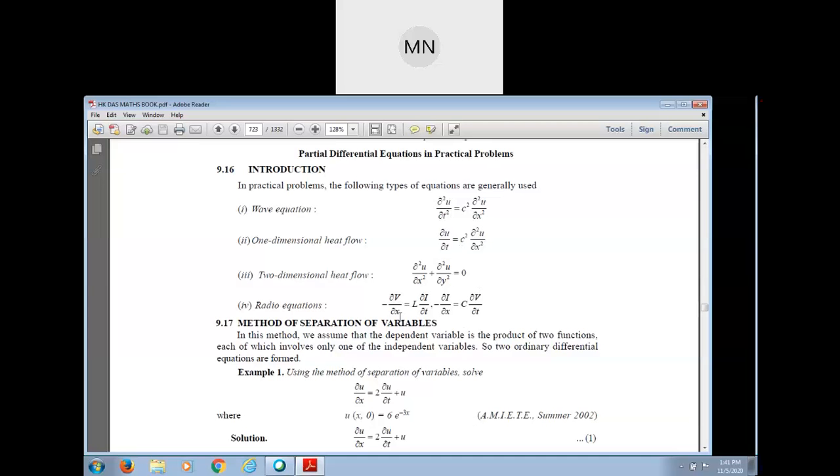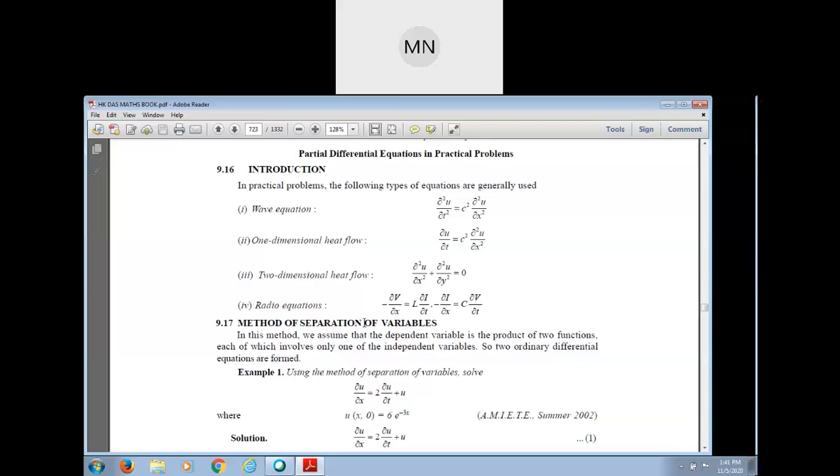So when we use separation of variables, in the first step you have to write the dependent variable as the product of two functions. That means these two functions involve only one of the independent variables.